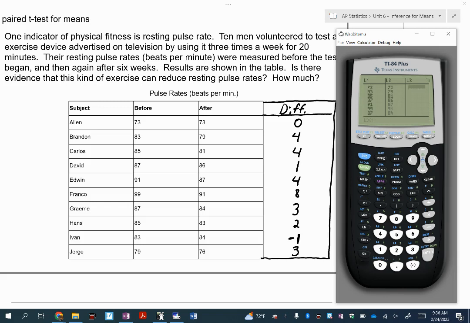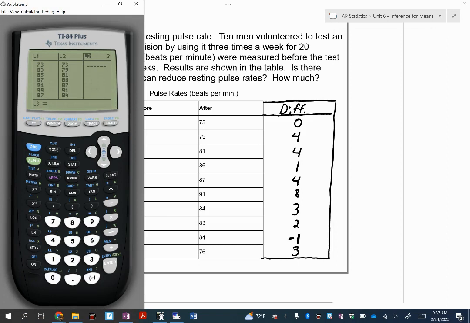So if you go over to list 3, and then hit up to go into highlight list 3, you can type in second 1, which is list 1, minus second 2, which is list 2, and it will do it for you. Now these are so simple, you can just do it in your brain, but if the numbers are more complicated and you don't want to subtract it, you just do it that way.